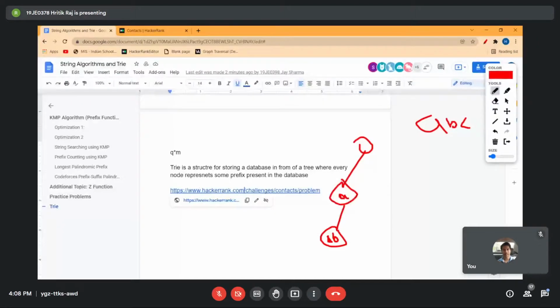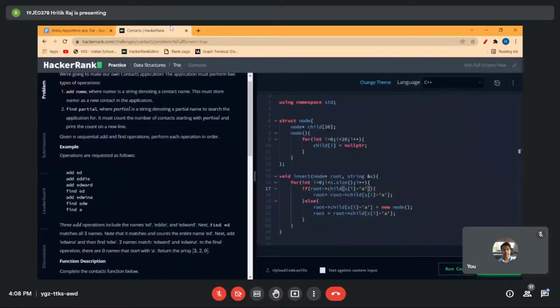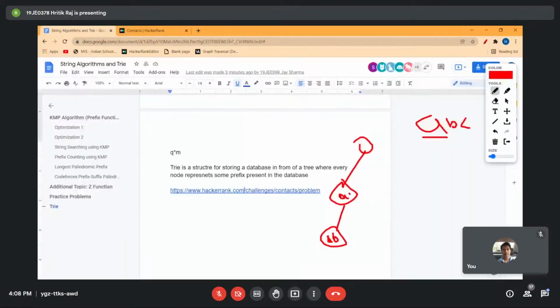At the root node, we check if there is a node present with A. It is present there. So we move to the child of A, that is, root equal to root child of s minus a. So we will go here. Okay. Got it.